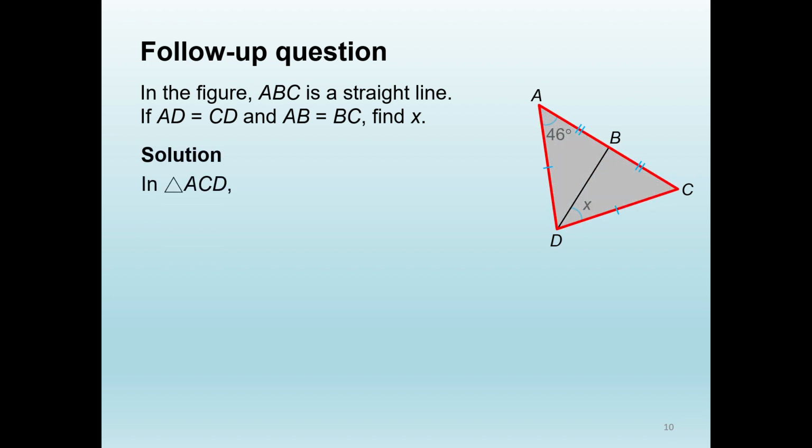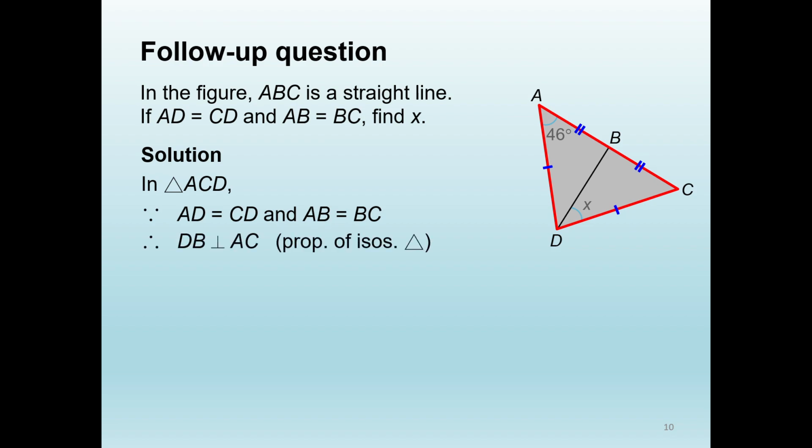Since the triangle ACD is an isosceles triangle, and also we know that AB equals BC, then we can apply the property of the isosceles triangle to say that DB is perpendicular to AC. So we can draw a right angle here and here.